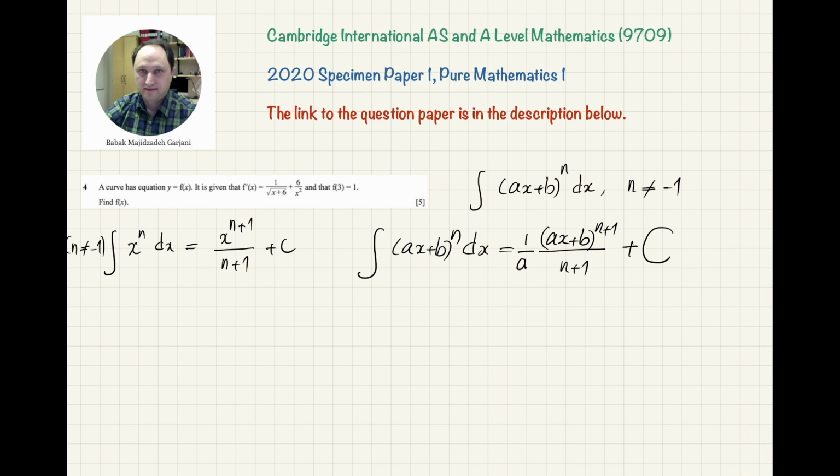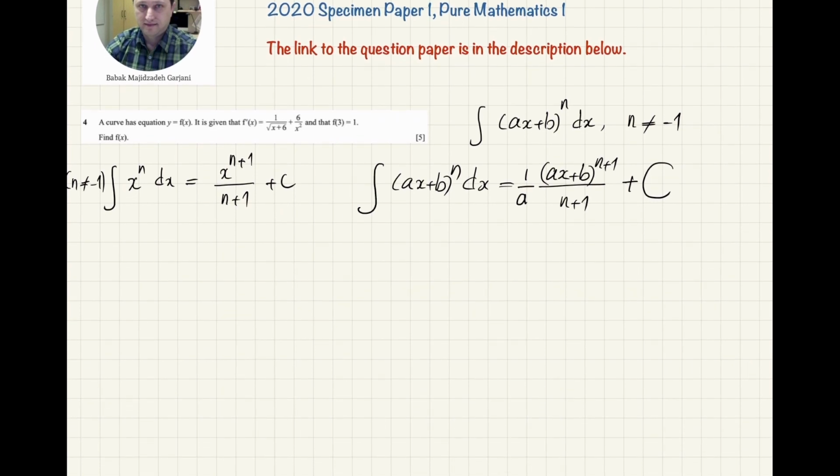Let us prove first why this formula is working.